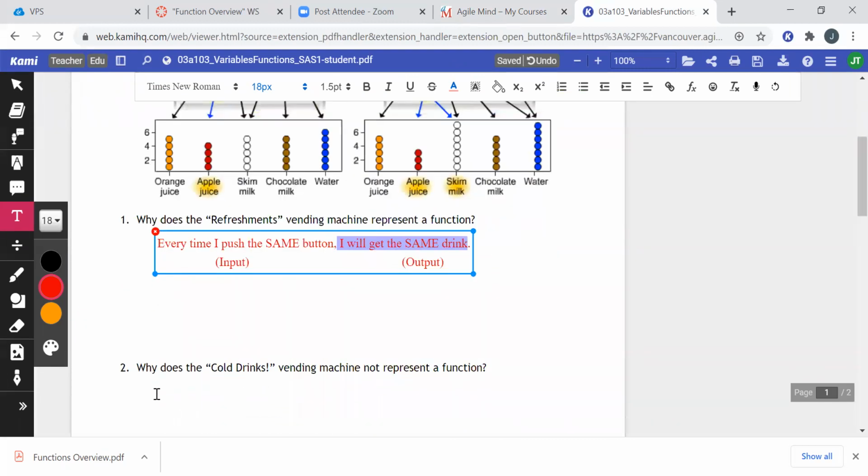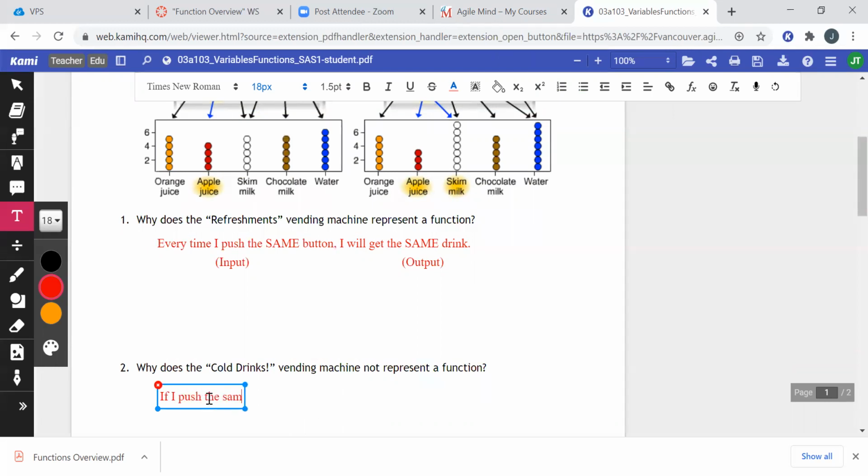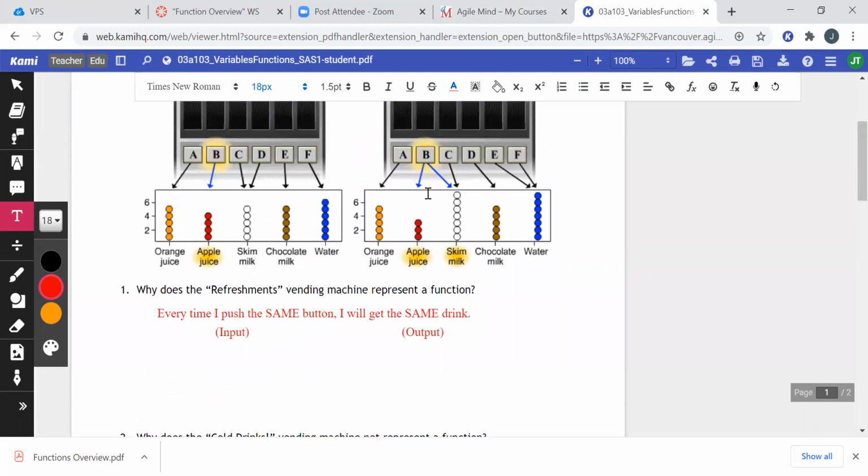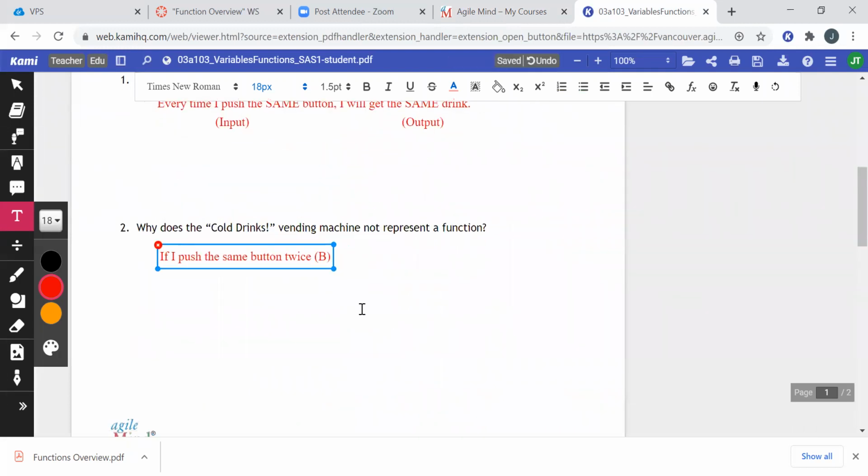Well, this one, if I push the same button twice, B, because that's the one, if I push B, I might get 2 different drinks.